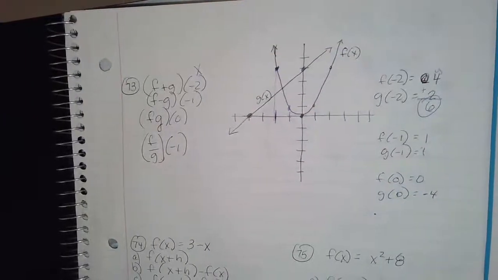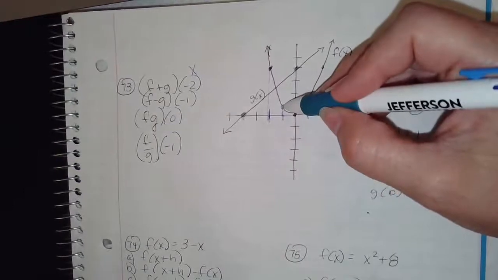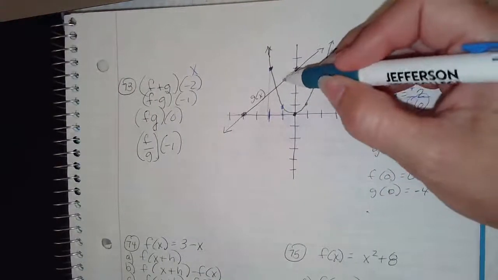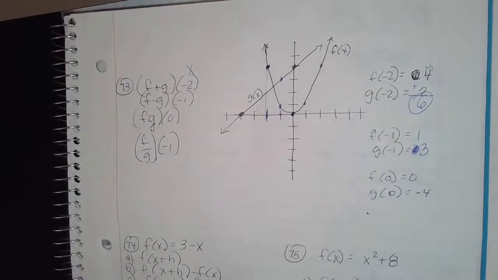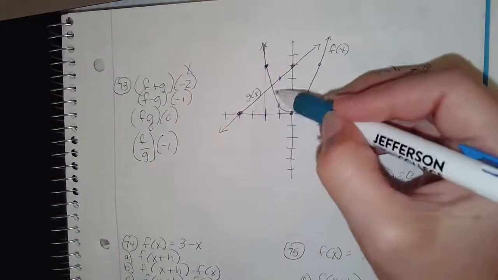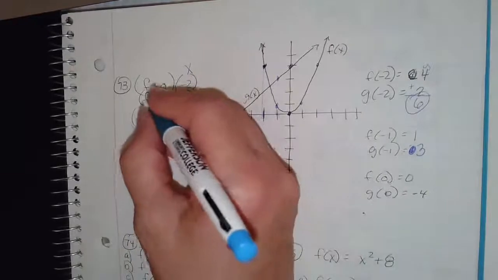But whatever it is on your screen, you just count. And if you have grids, it's easier to count. You count how far up it went until you hit, I'm going to say 3. I feel like that's probably a more accurate answer. At -1, function g, the line, it looks like it's up about 3 places. I'm going to go with that. Then it says subtract your two answers.